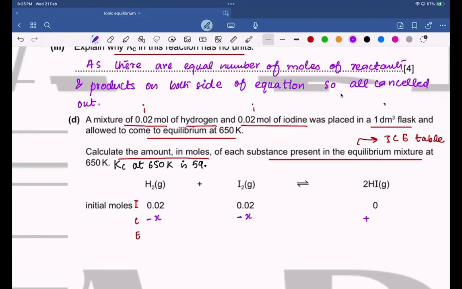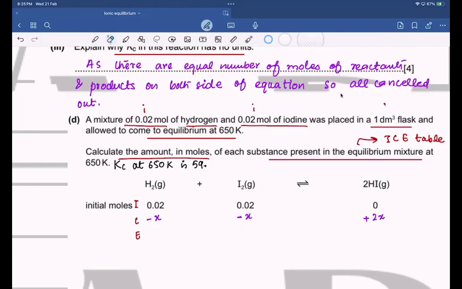Okay, so if we compare the ratio between one of the reactants and the product, it's 1:2. So if x moles of iodine is decreased, then 2x would be the moles of hydrogen iodide that will form, because the ratio is 1:2.